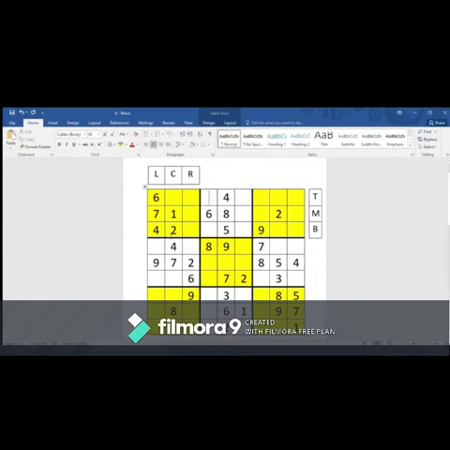Number 2. As we can see, 2 is over here, and as you can notice, there is another 2 also over here. So the only place where 2 can be placed is over here or here. But if you look carefully, you can see that 2 is in this row, in this column too.